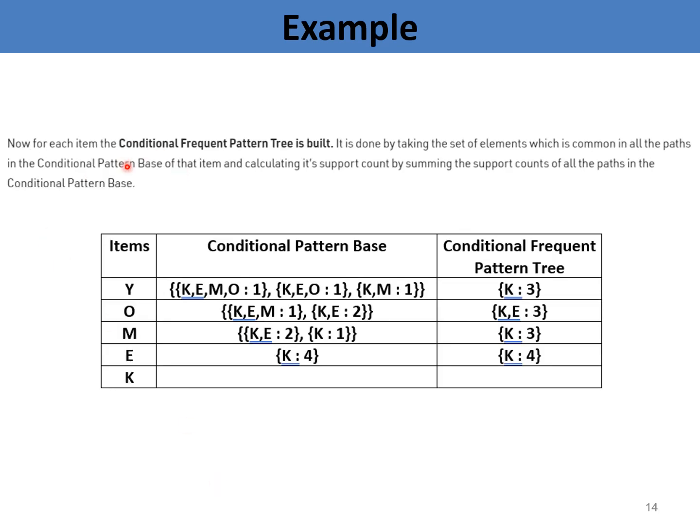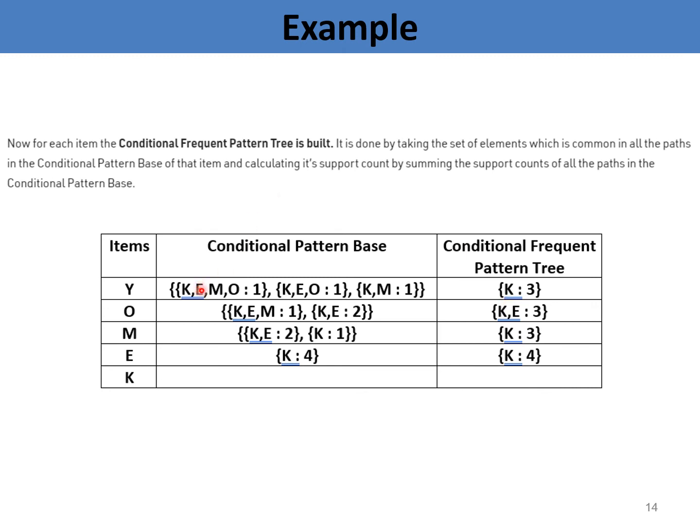Now for each item in the conditional pattern base, the conditional frequent pattern tree is built. And how is this tree built? For each item in the conditional pattern base, we have to take the common items from the rows and mention them with their support summed up.